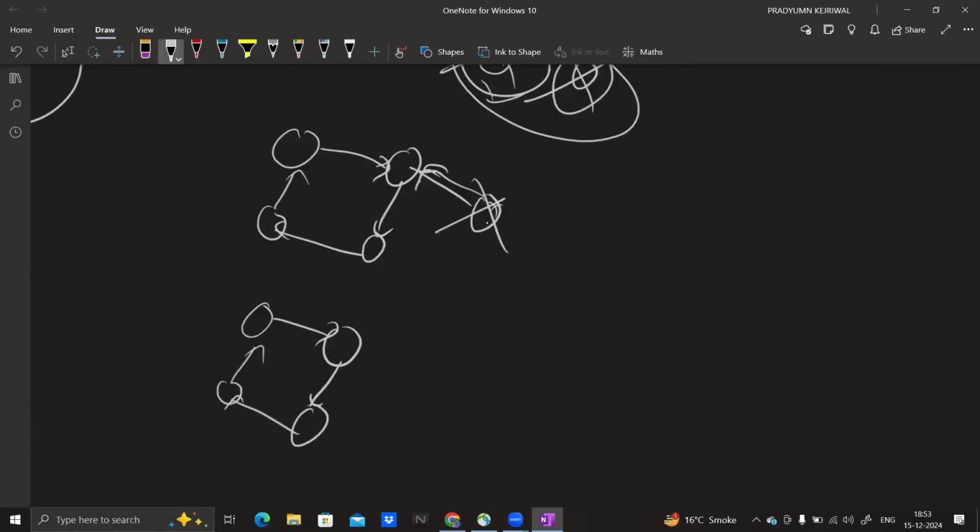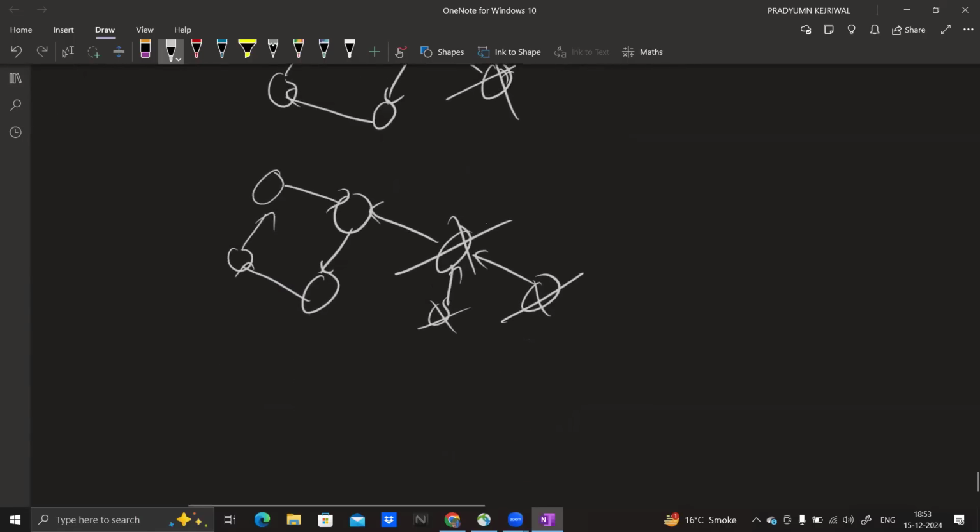Like finally, as you can see, only a cycle can sustain itself. If there are nodes which are not in the cycle, somewhat like this, then eventually they will die. First, this one will die, so these two will die, and then this will die. So we just need to figure out what is the first moment at which these nodes die. Like all of the non-cycle nodes, how much time will it take to die? That's what the problem boils down to.